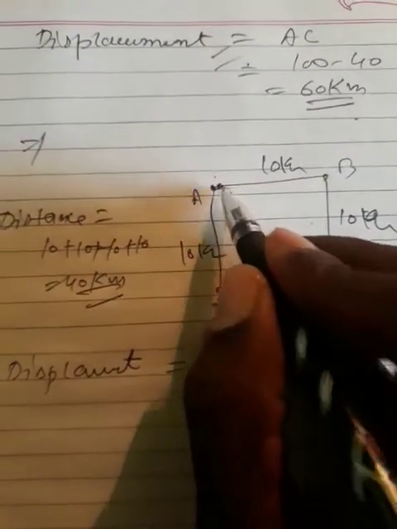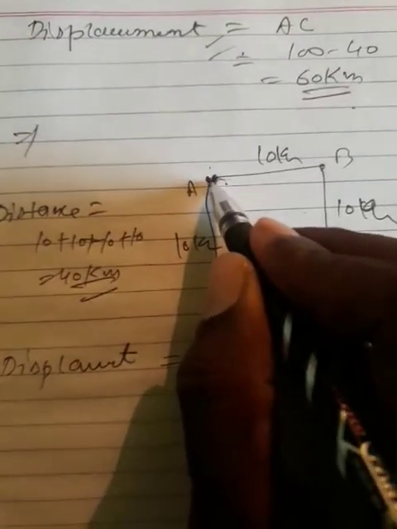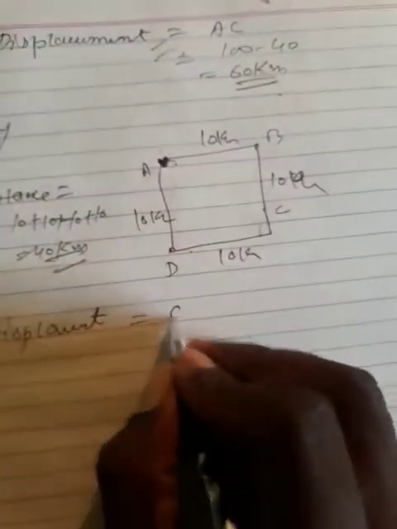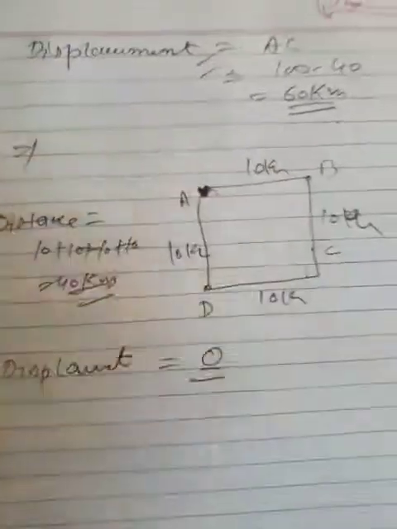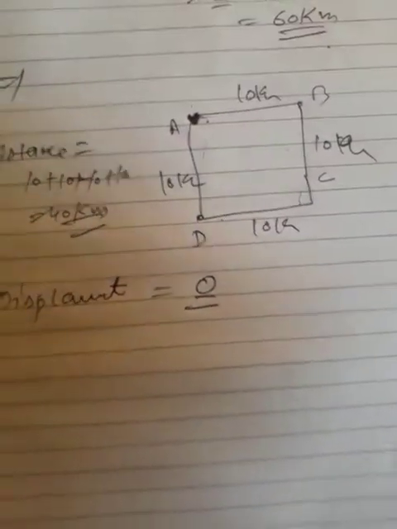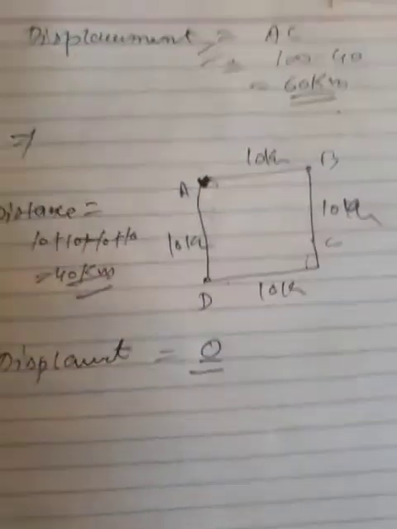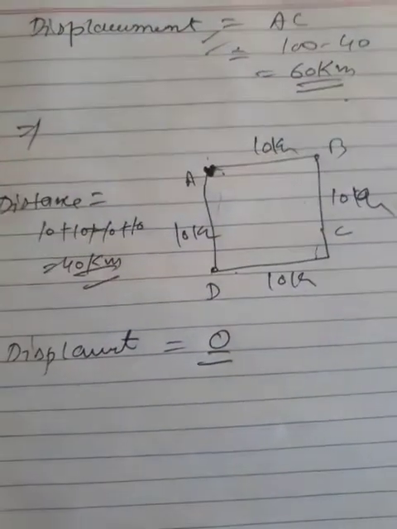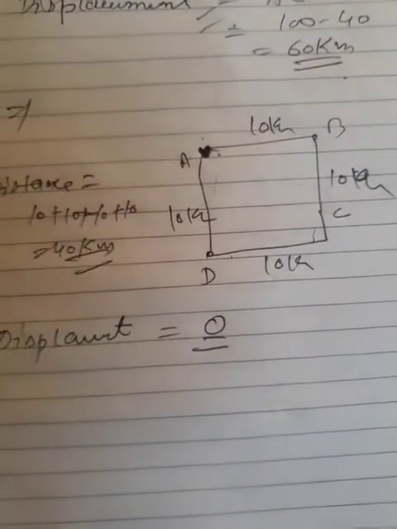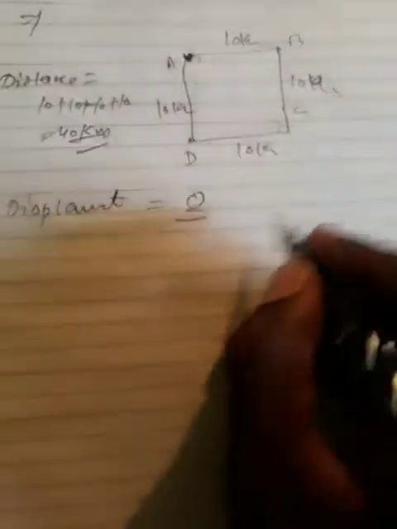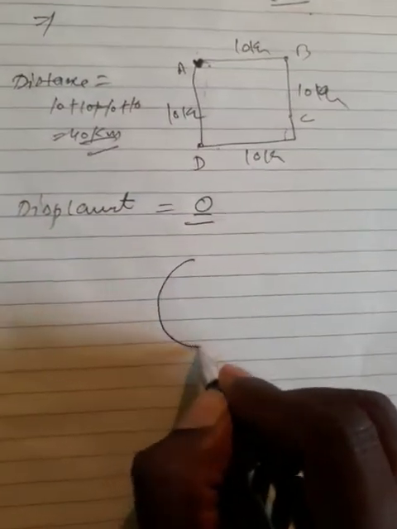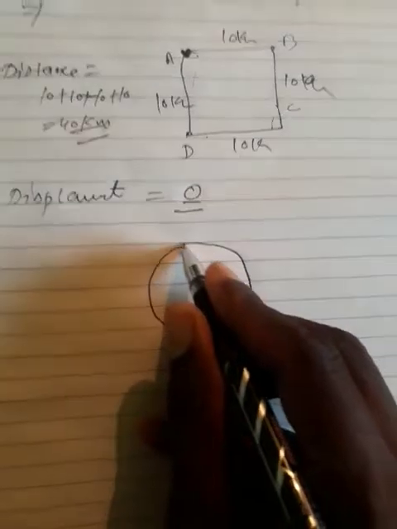Your initial and final point coincide, and this implies your displacement will be equal to 0. When an object starts to move and again reaches the same point, your displacement will be equal to what? 0.